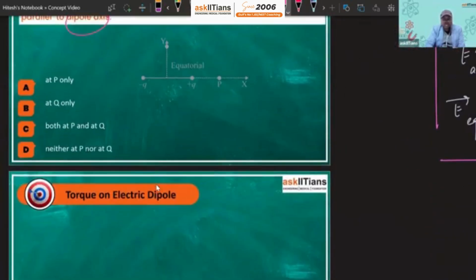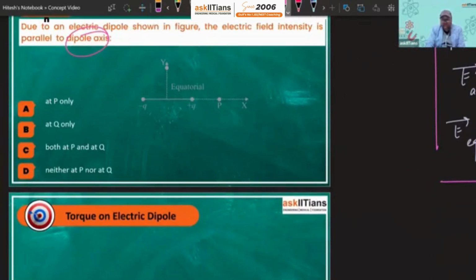Okay. So we have a dipole here with minus q and plus q. This is the direction of the dipole moment, our vector P. Now it is saying that the electric field intensity is parallel, where is it parallel? Obviously point P is the axial point, so the electric field here would be in this direction, EP. So this is parallel at P. What about at point Q?